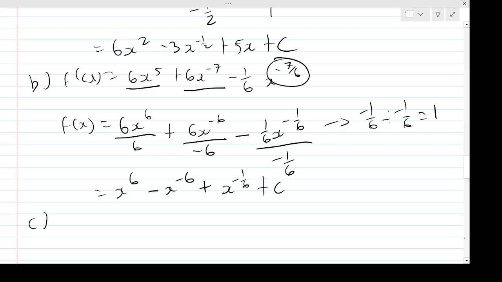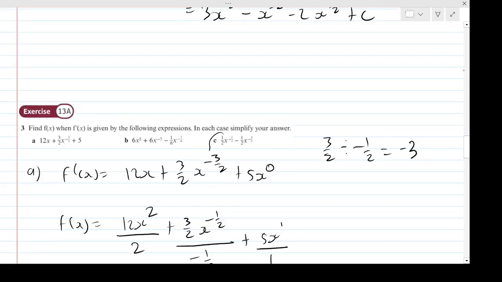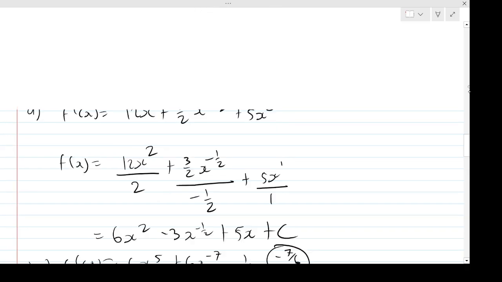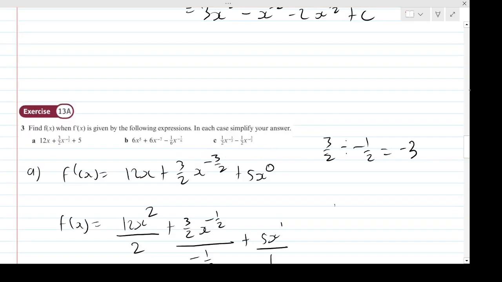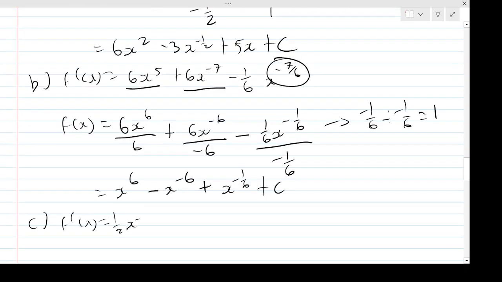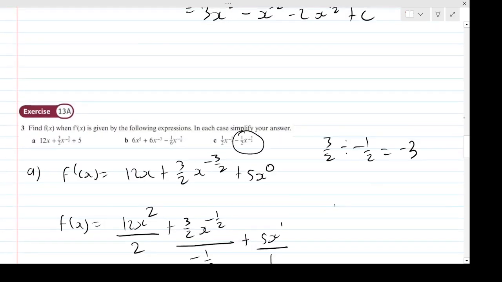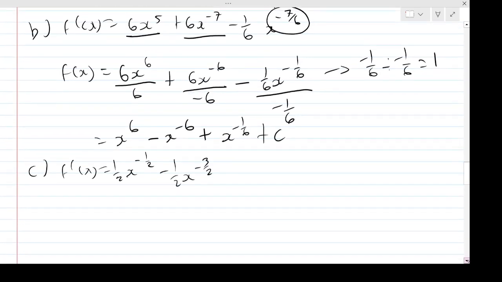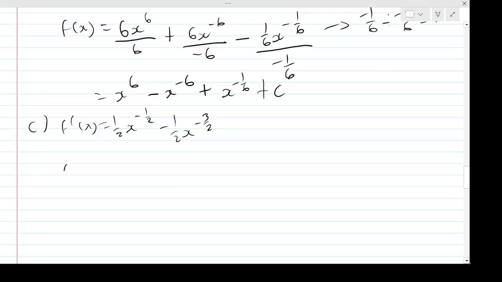Okay, cool. Part C, we have this expression. So f dash of x is a half x to the minus a half, minus a half x to the minus 3 over 2. So again, we integrate to get the original function back.